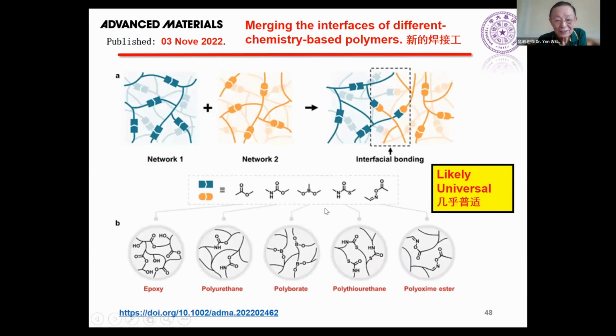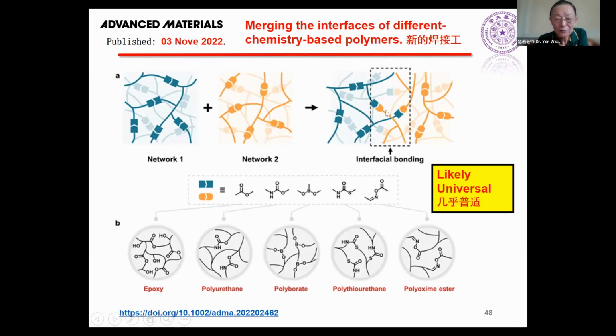And then recently, that's very interesting, Professor G and the student made two different pieces of material, the properties are totally different, okay? When you squeeze them together at the interface, they will have a dynamic covalent bond exchange reaction, okay?